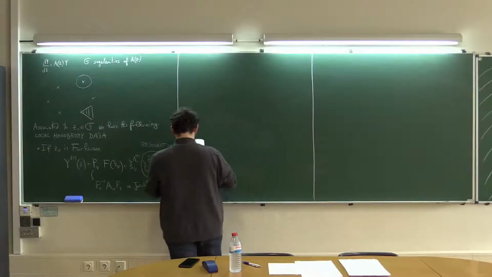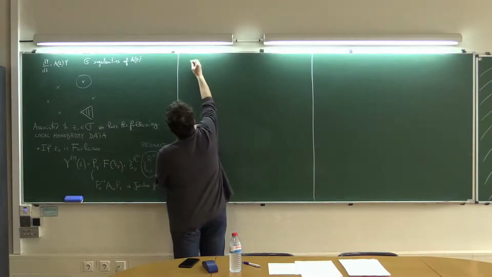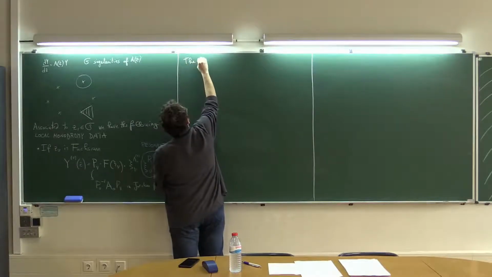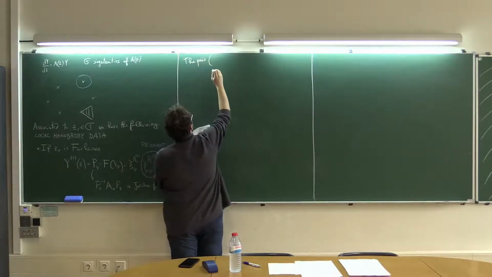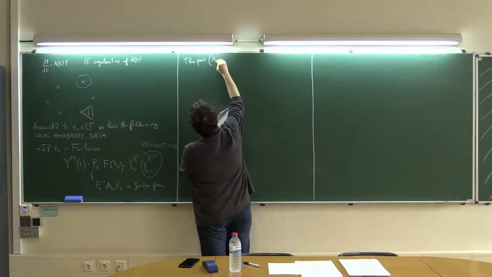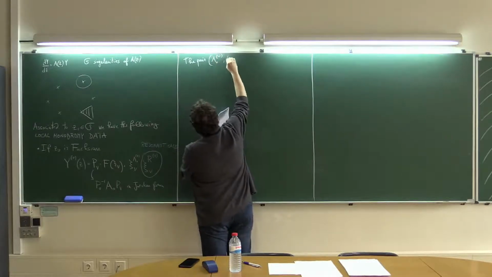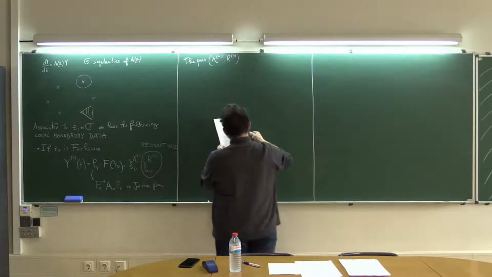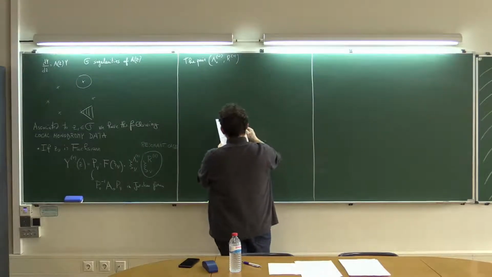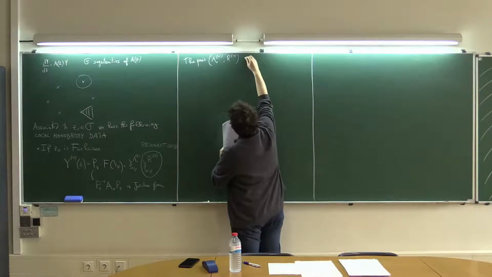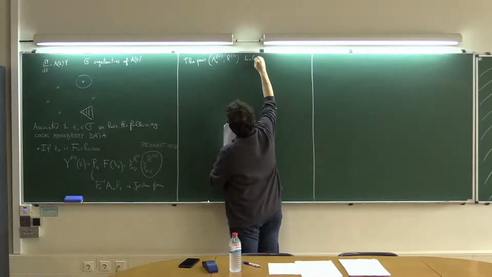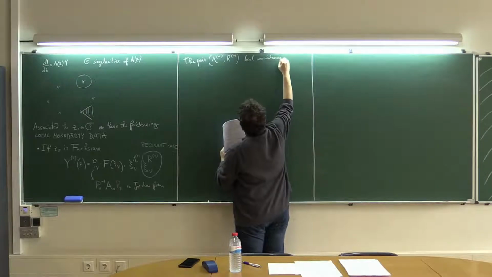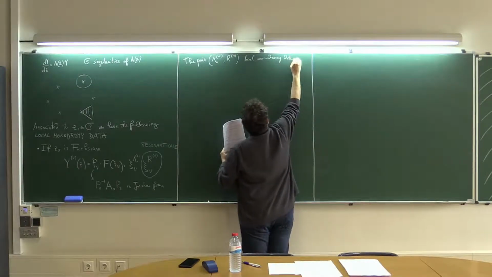For this reason, we will call the pair Λ_0^ν and R_ν, in case of resonances, the local monodromy data at z_ν.